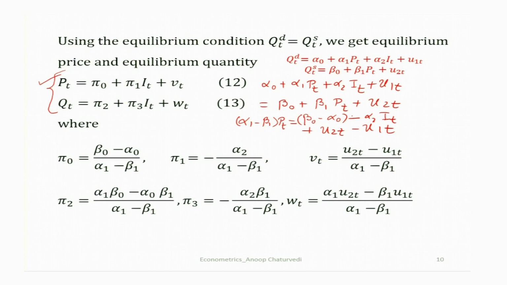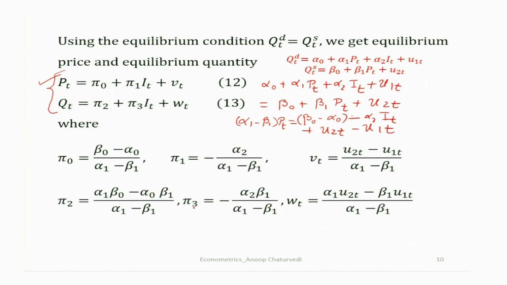So, still there is a problem, you have less number of equations than the number of unknowns, less number of relations between structural parameters and reduced form coefficients than the number of structural parameters. But still you can obtain the solutions for some of the parameters.